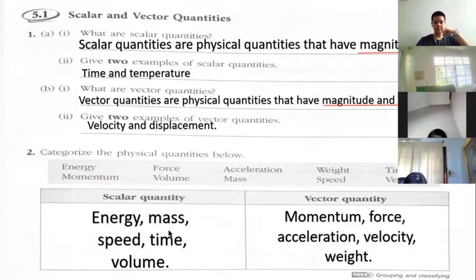And also remember that the examples of scalar quantity, we have energy, mass, speed, time, volume. And for vector quantity, the examples for this one are momentum, force, acceleration, velocity, and weight. Okay, if you have questions, you can ask me. And also, please hurry up because we need to answer the next page.